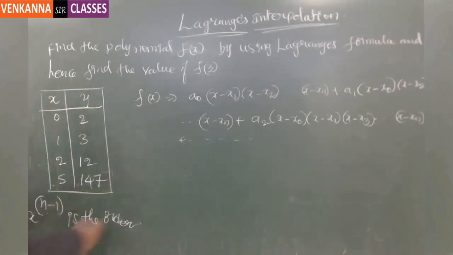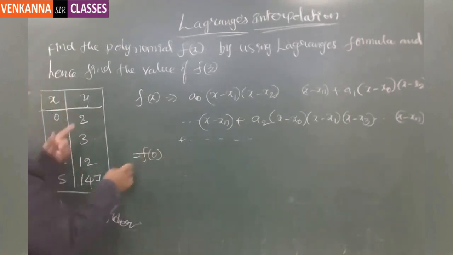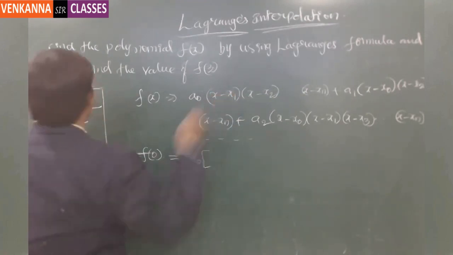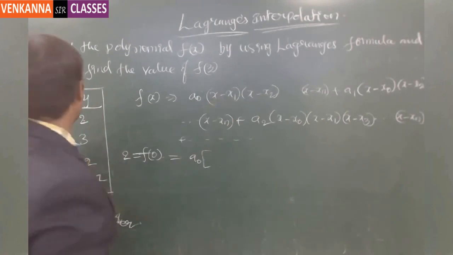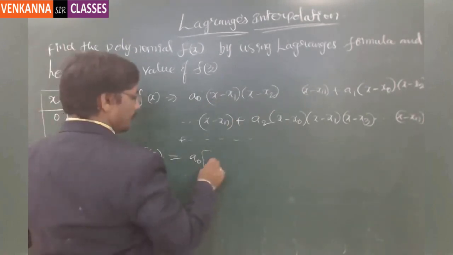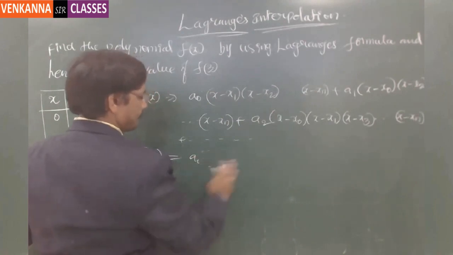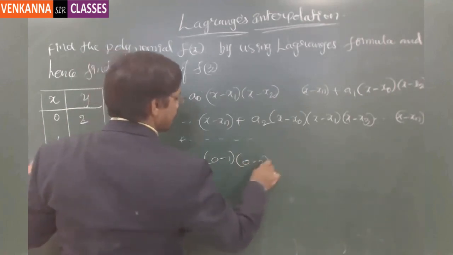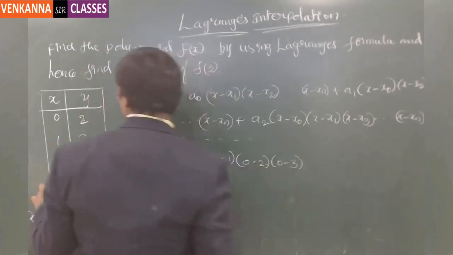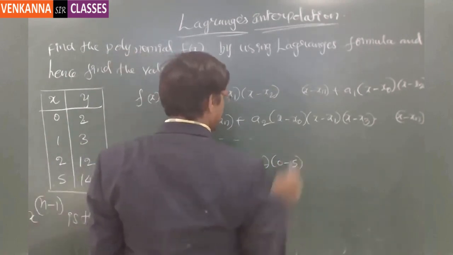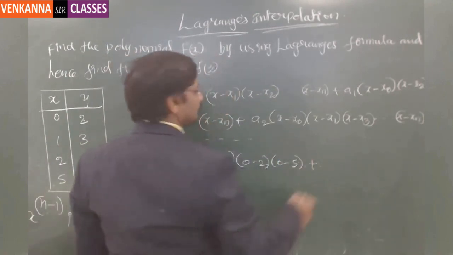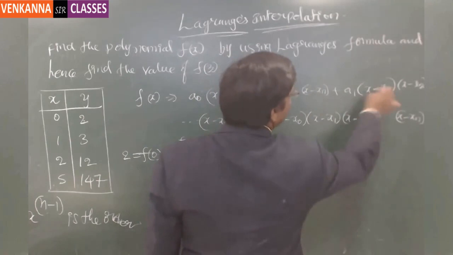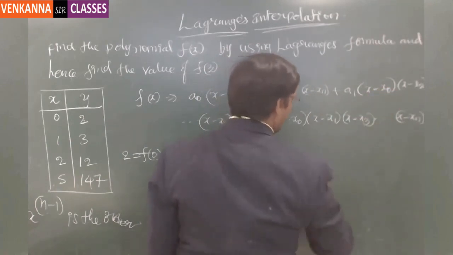Now f of 0, if you take it, from the table it is 2, and the right side is a0 multiplied by (0 minus 1)(0 minus 2)(0 minus 5), plus a1 into 0 minus 0, which is anyway 0, so you can leave it as it is.